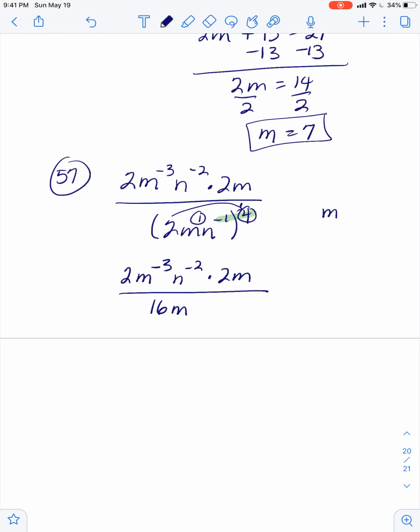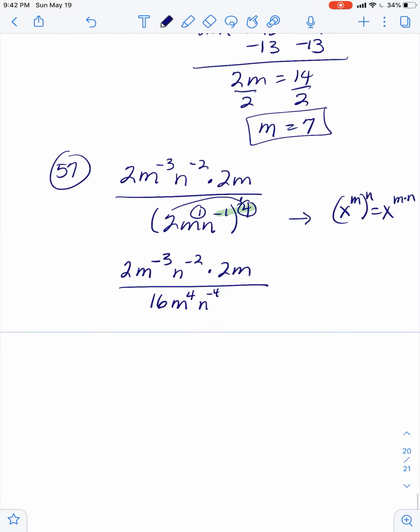So I'm using this rule: if I have x^m to the n, then it's x^(m times n). That gives me x to the 4. And then the n, 4 times a negative 1, would be a negative 4. Okay, so that's all I've done, just take care of this piece first.